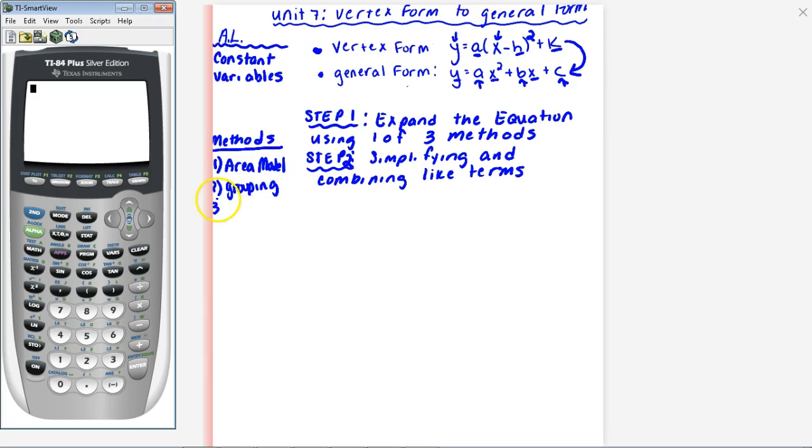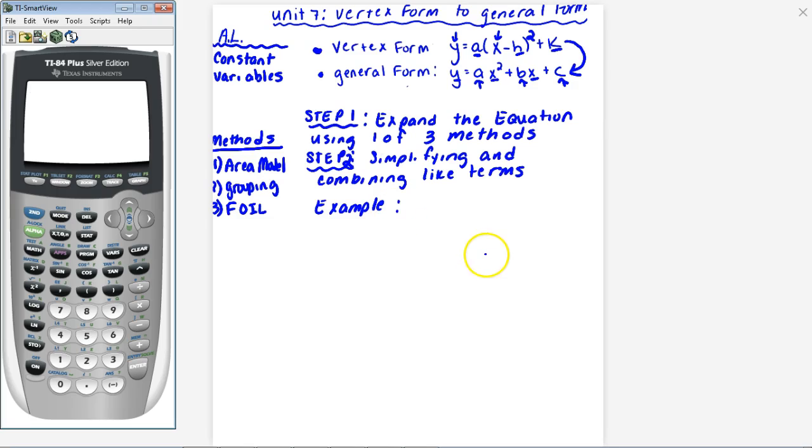And the third is going to be FOIL, which is just kind of a shortcut for when you get really good. It's probably one you're not going to use till you feel really comfortable solving. So let's do an example. And let's start with the area model, okay?